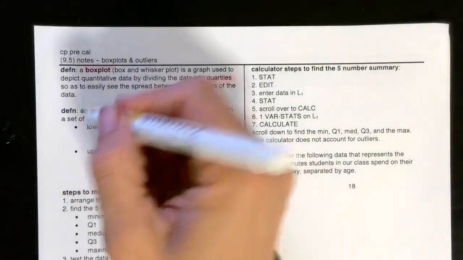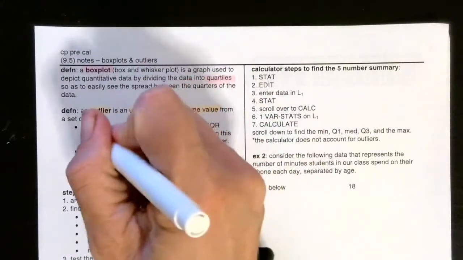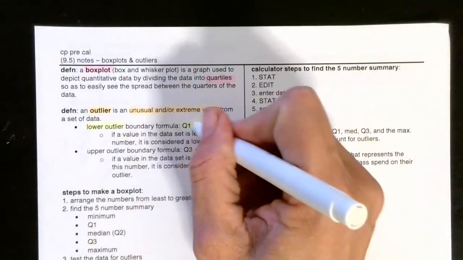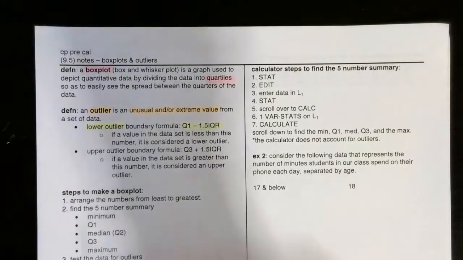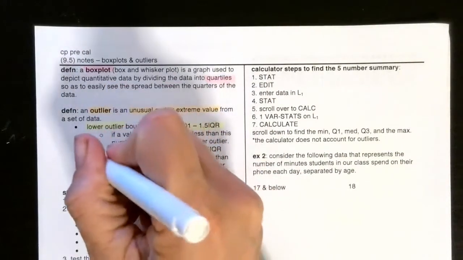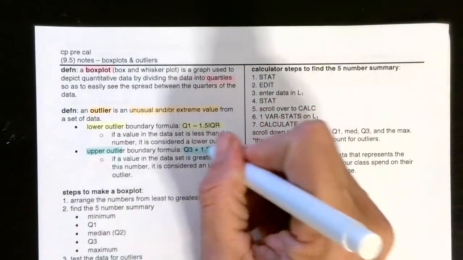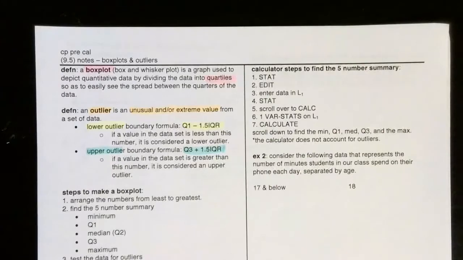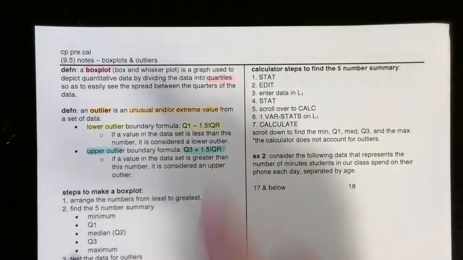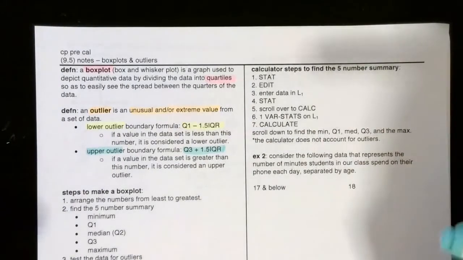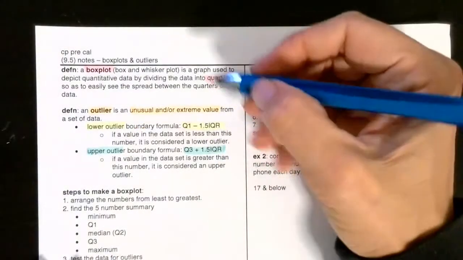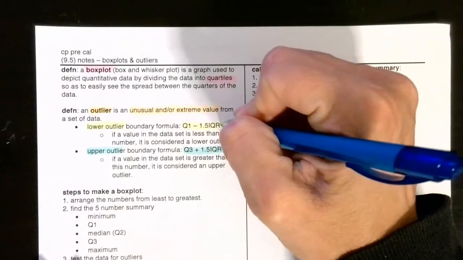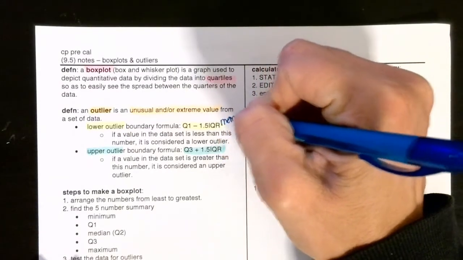In order to see if there's a lower outlier, so an extremely low number, you do Q1 minus 1.5 IQR, and if you want to see if there is an upper outlier, you do Q3 plus 1.5 IQR. If it's higher than the upper value, then it's an outlier, and if it's lower than the lower value, it's an outlier. So these are just formulas, but because they are formulas, you're going to need to memorize them.